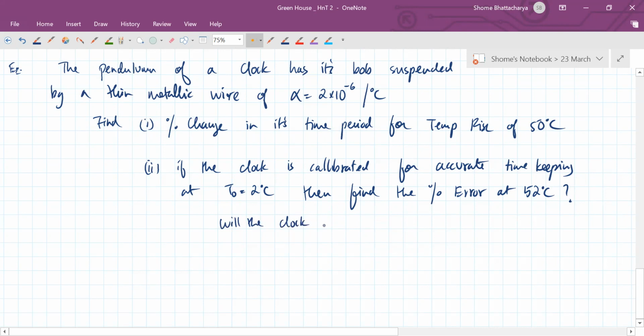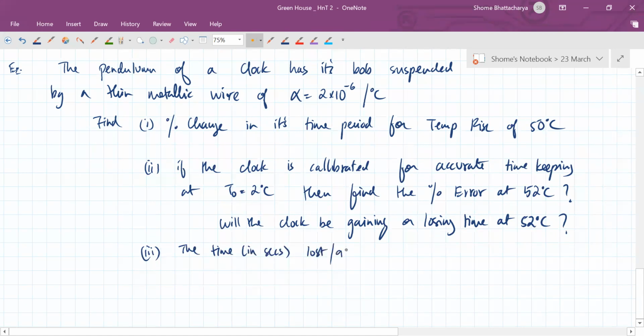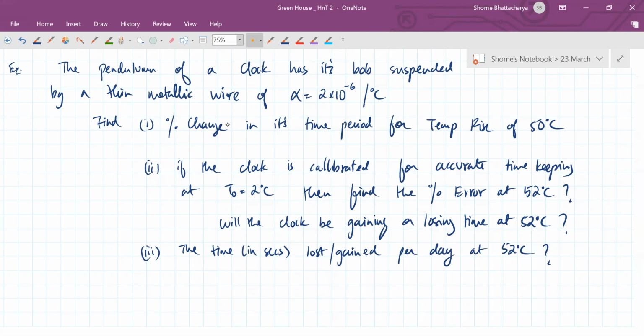Will the clock be gaining or losing time at 52 degrees C? And third, calculate the time in seconds lost or gained per day at 52 degrees. So let's just try out this question next.